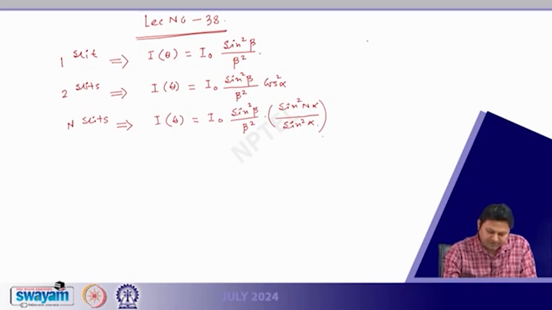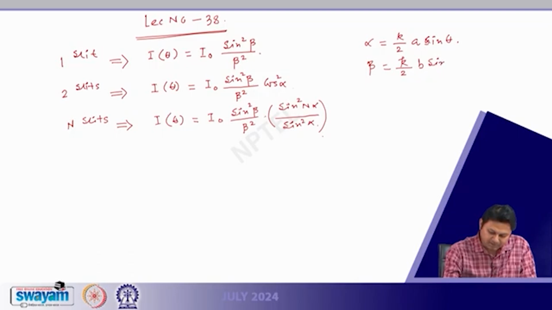Also, you should note that here alpha is k by 2 a sin theta, and beta is k by 2 b sin theta.